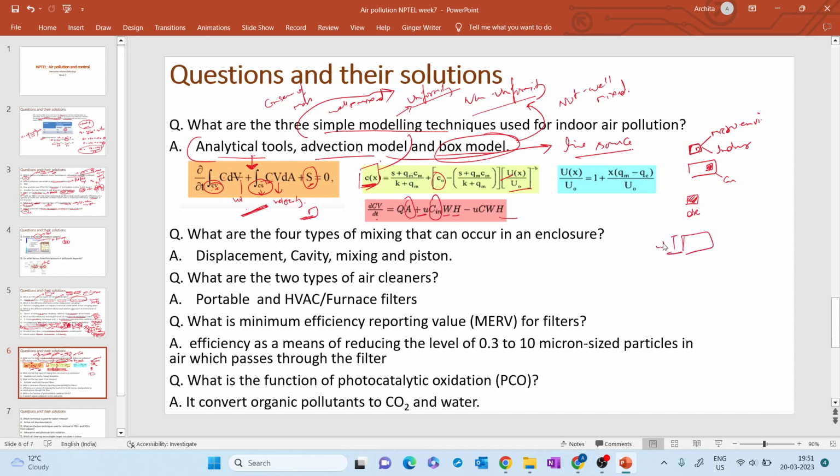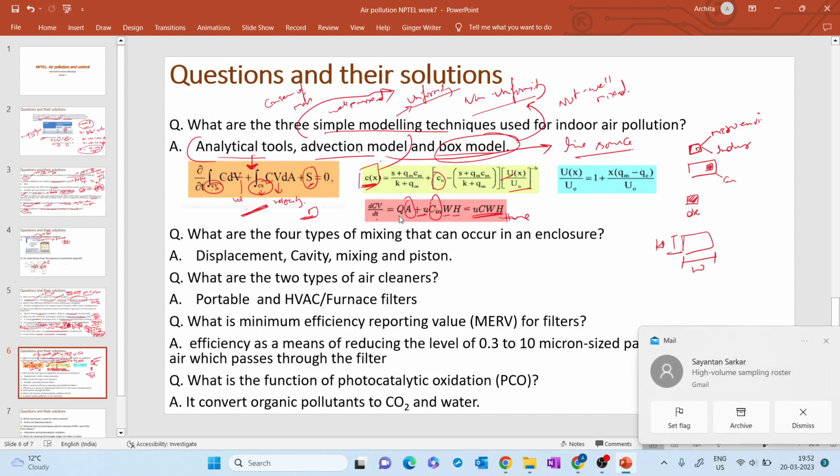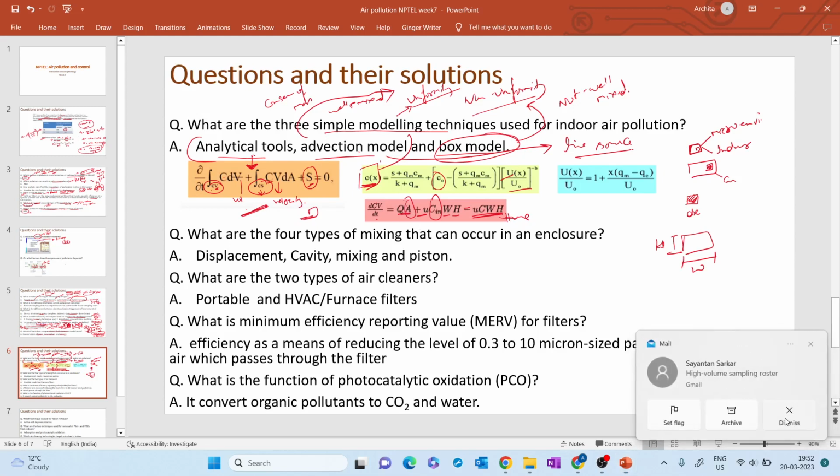So let's say this is W, this is H, this is W. So how much pollutant is entering minus how much pollutant is already there, and what is the emission rate per unit area for a particular area. And that will give you how the concentration is changing with time for a particular indoor environment.